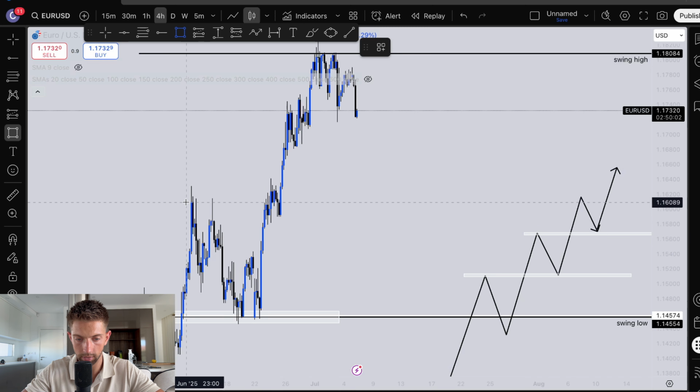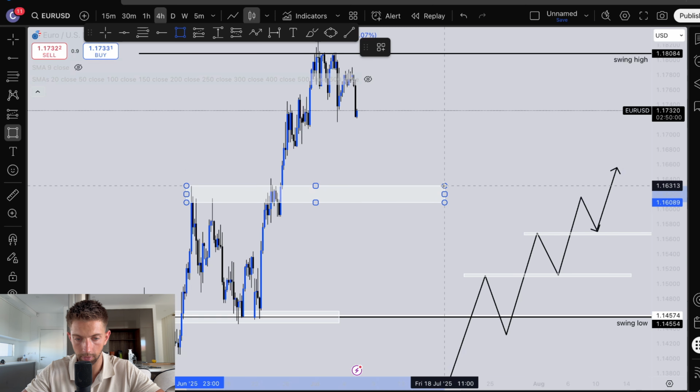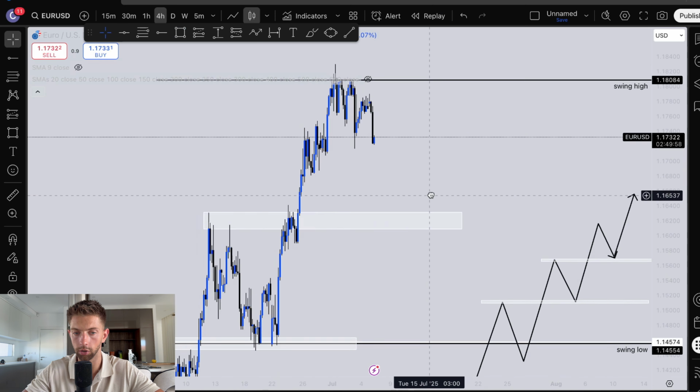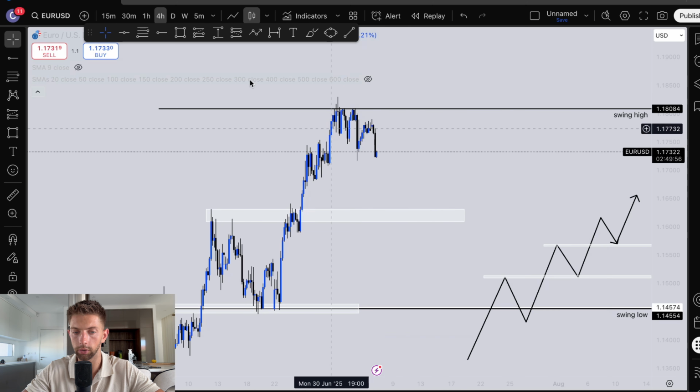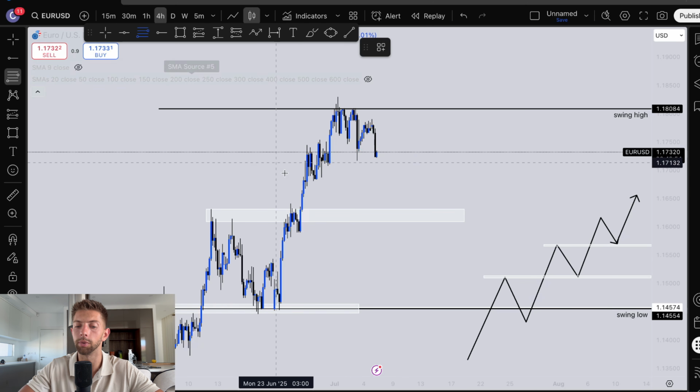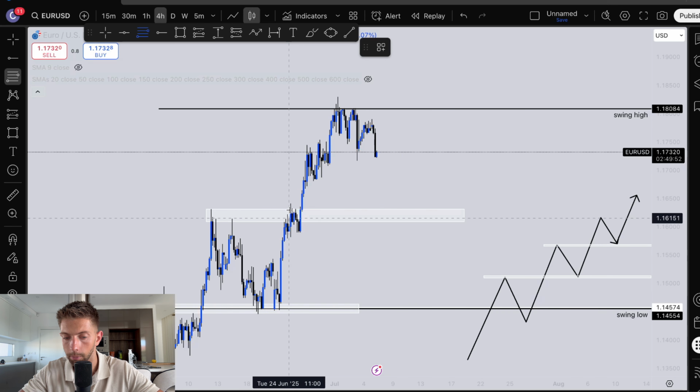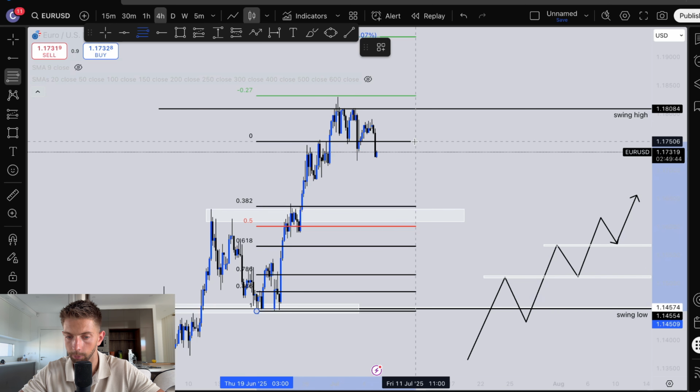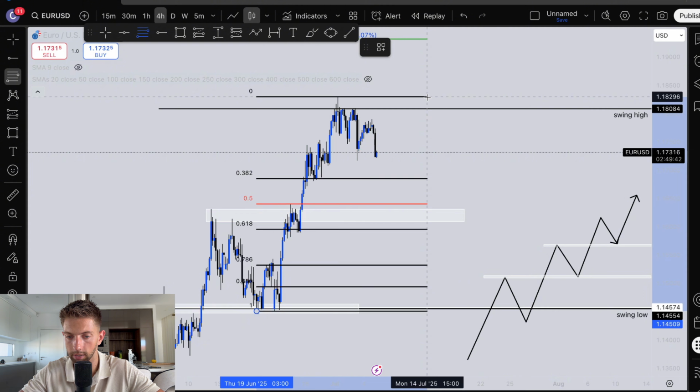Okay, so the first key level is going to be right here, which is previous structure high, previous structure low. I also want to see a pullback of at least 38.2%, because as you can see, price gave me some pullback right here. It wasn't 38.2. Price gave me some pullback right here as well. It wasn't 38.2. Price gave me some pullback right here.